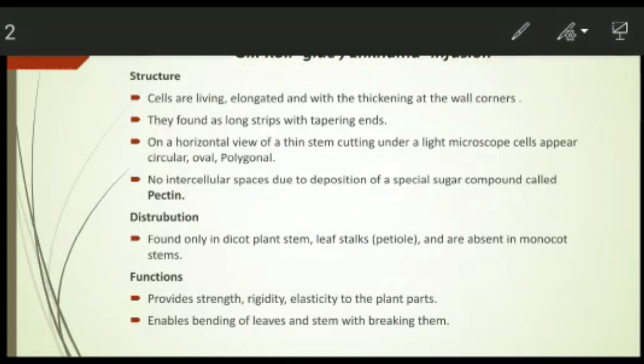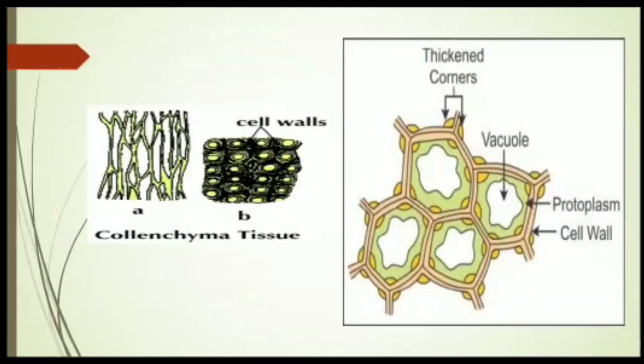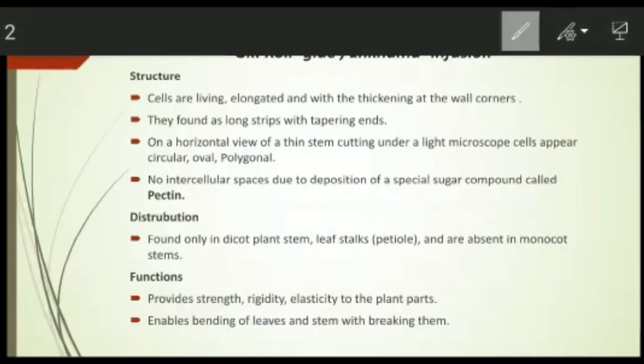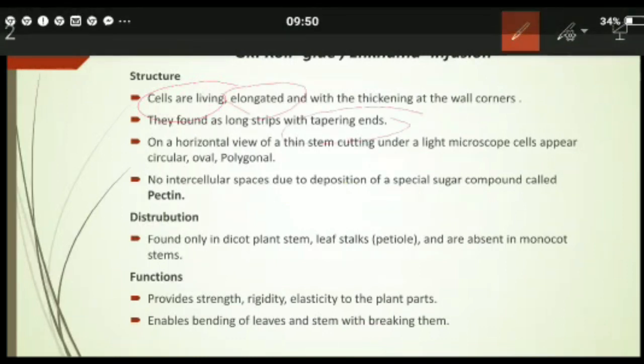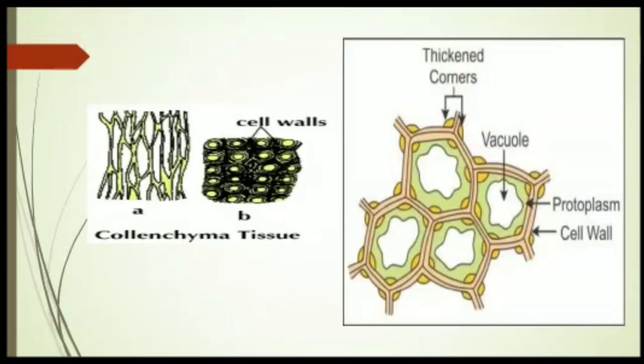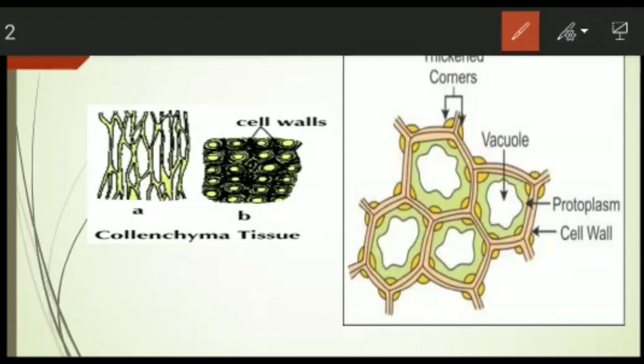If we now see the structure, we will find that the cells are tapering and elongated. First of all, the cells are living, and they are elongated, and they have tapering ends.